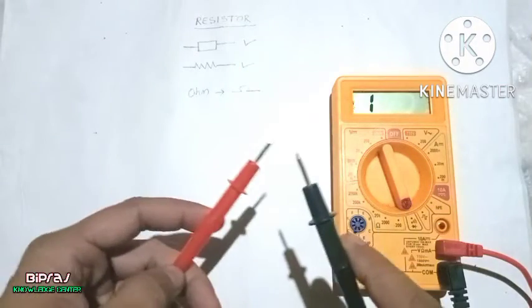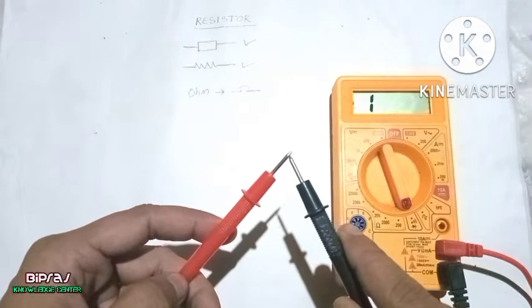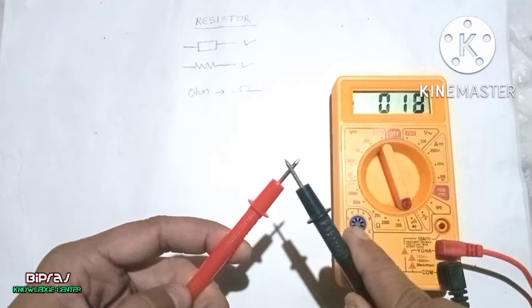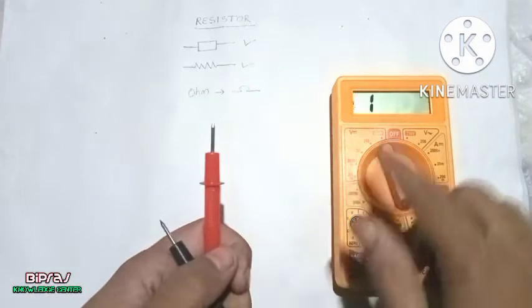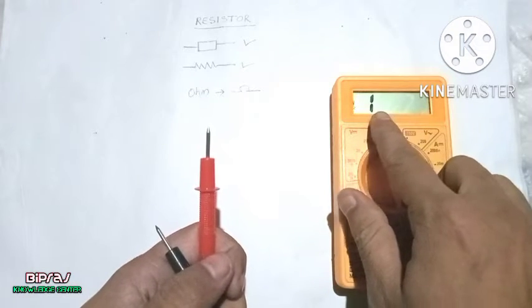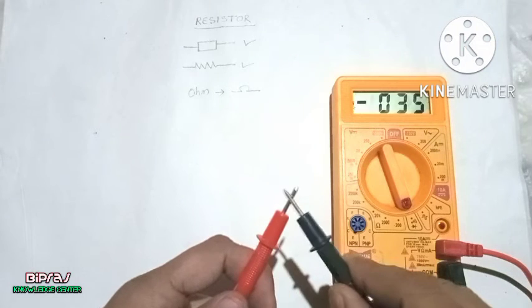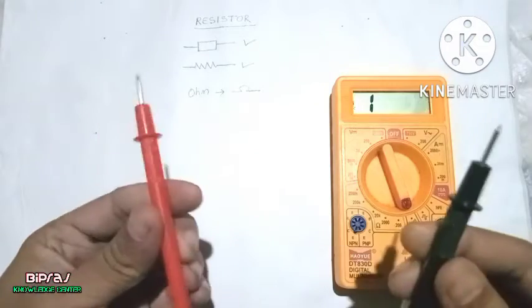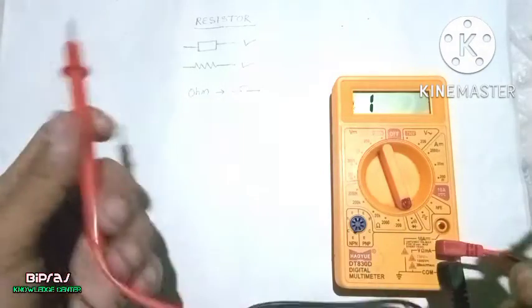When I touch or short these two probes, you can see there is a buzzer or beep sound, and in the display the value comes to about 0, because the wire also has some resistance.